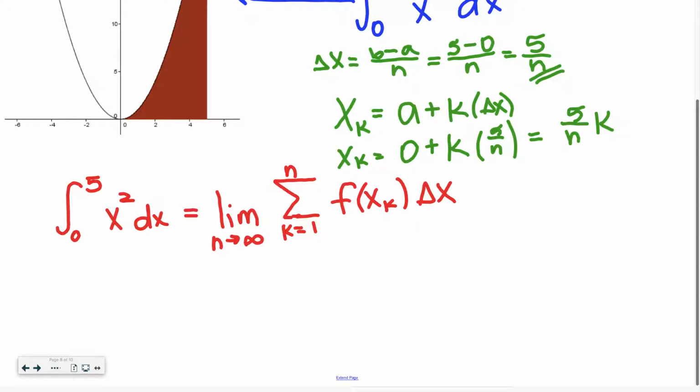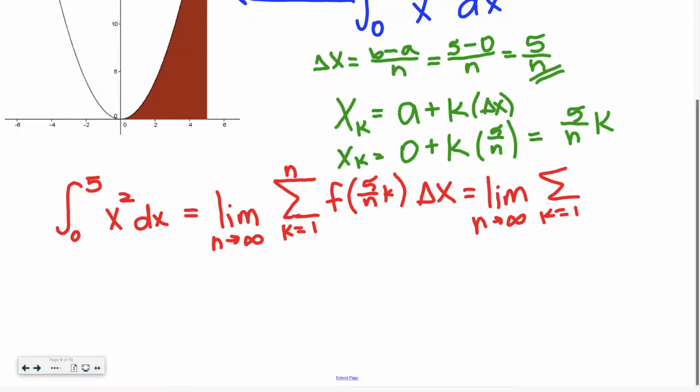So our function evaluated at x sub k, well, let's do this. We know that x sub k is 5 over n k, right? So I'm going to write that first so we can see where everything's coming from. So what happens is we have the sum from k equals 1 to n. Our function is x squared, so we get 5 over n k squared, and then delta x is 5 over n.